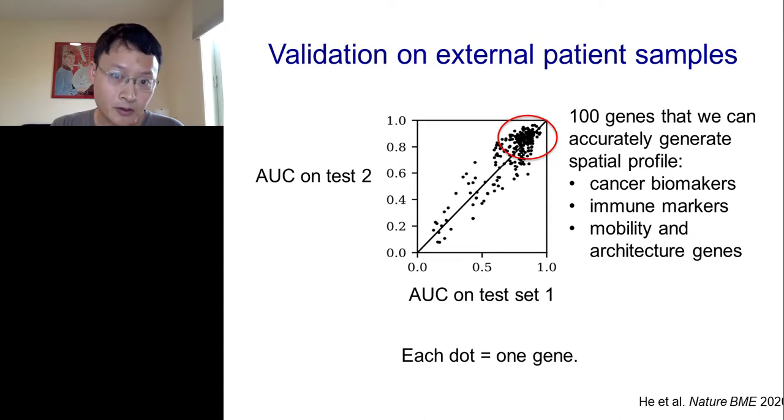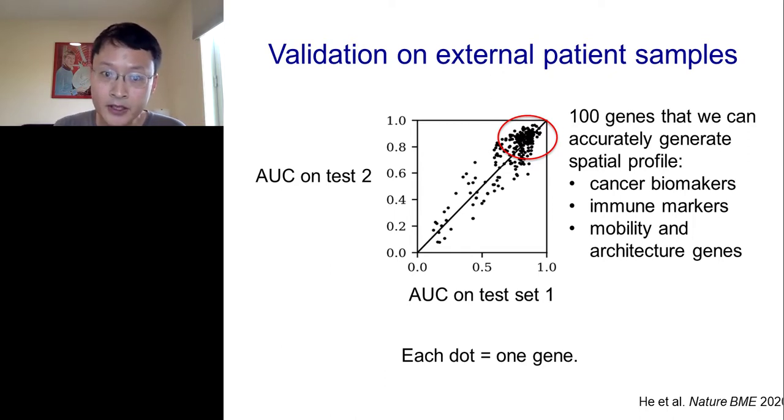And it works quite well, remarkably well. Each dot here corresponds to one gene. The X and Y axes correspond to the performance of the algorithm in predicting the spatial expression profile of that gene on two different test data sets. The AUC is one of the common measures of how well the algorithm is doing. And we can see here in the top right corner, which I highlighted in the red circle, there are over 100 genes where STNet is making very reliable predictions compared to the experimental ground truth measured on both of these test sets.